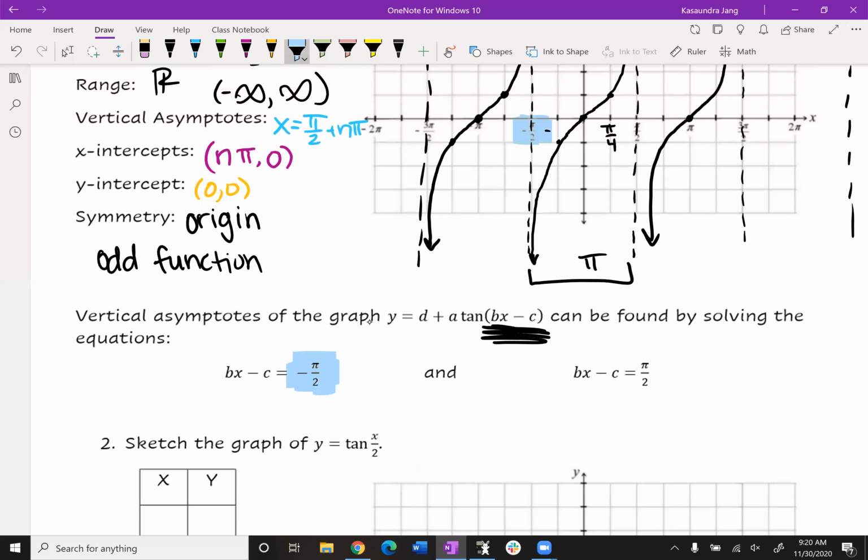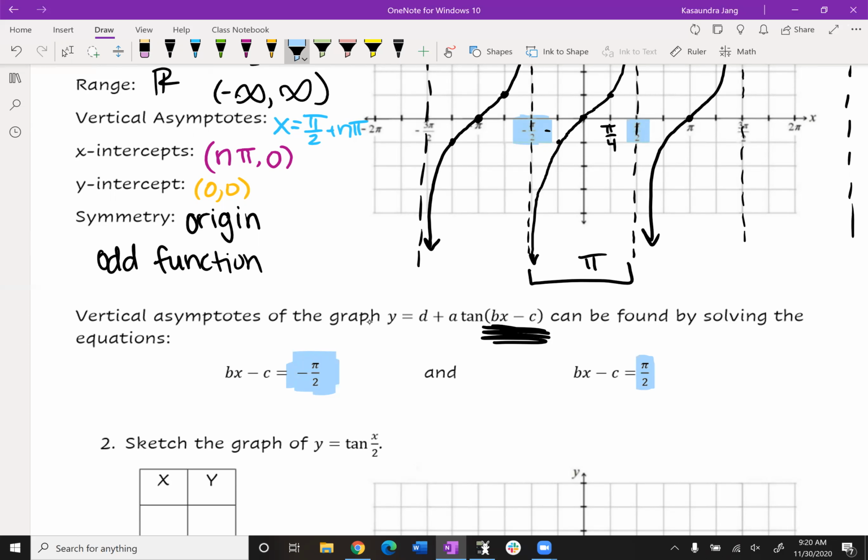And then I could also set it equal to a positive pi halves, because on the parent function I had an asymptote at the positive pi halves. So I'm going to set that stuff in the parentheses, stuff that has to do with the x, equal to where the original asymptotes were, and see if we could adjust it.